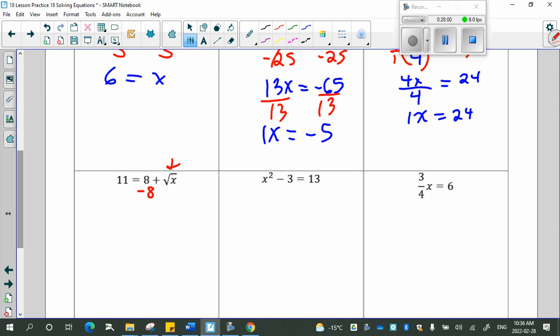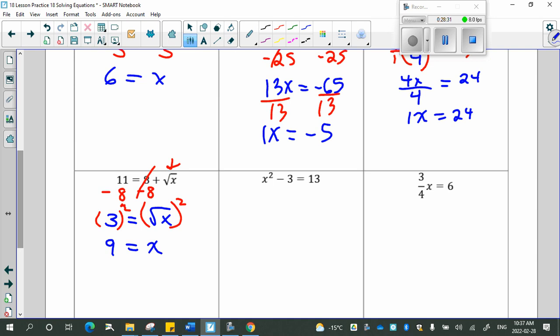You're going to subtract 8 on both sides and check and make sure you've made a 0 pair. 8 minus 8 is 0. 3 is the square root of x. How do I undo square root? Who remembers? Squared. Good. So I show that. Squared. So I figure out 3 squared on my calculator. And squared undoes square root, so 1x is 9.